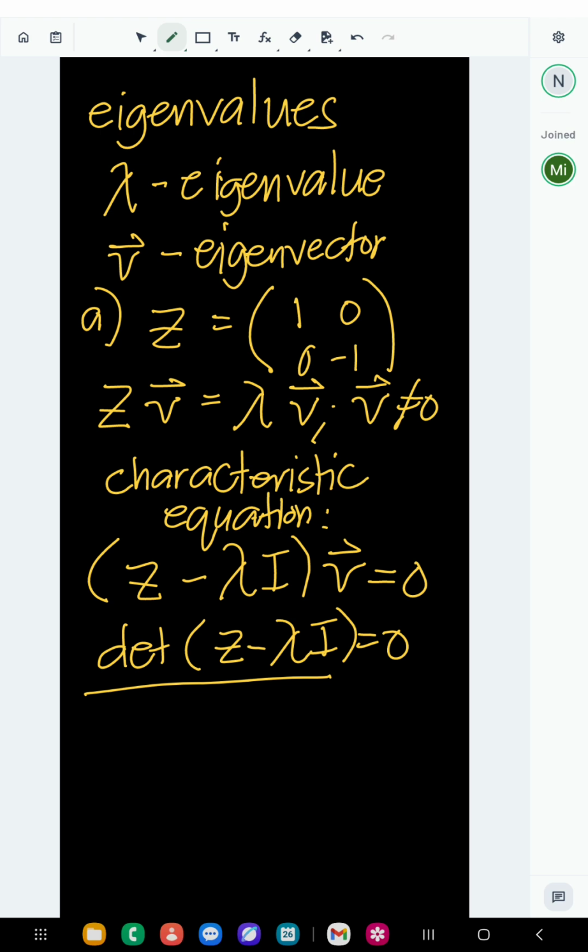Okay, I was trying to show you how to find it using an example from your homework, given the matrix 1, 0, 0, negative 1. That is the magnitude, just the magnitude.